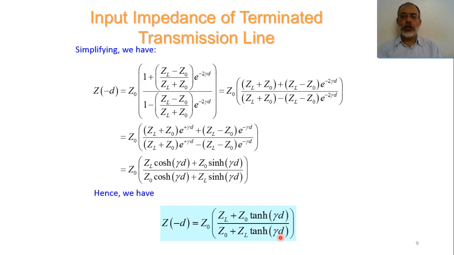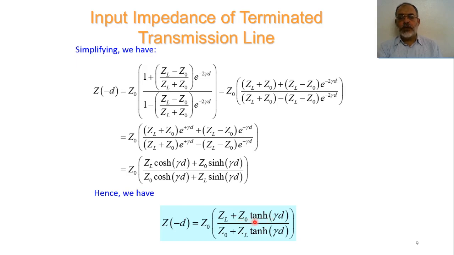If you wish to memorize this equation, it is very simple. This is the input impedance. We are going to start with the characteristic impedance of the transmission line, so Z naught. Then the second term would be the load impedance, Z load, plus we start from Z naught to Z load, plus Z naught tan gamma d.